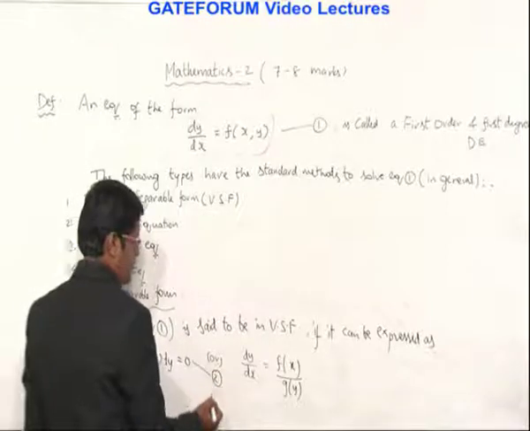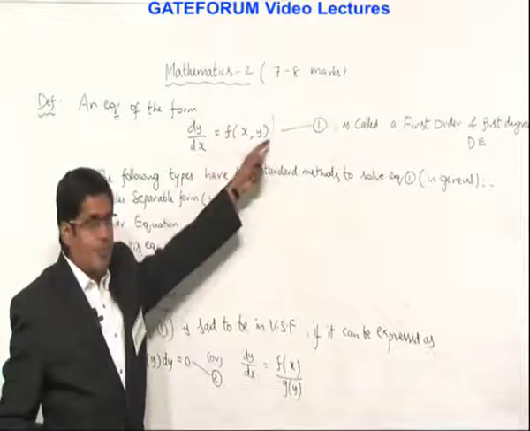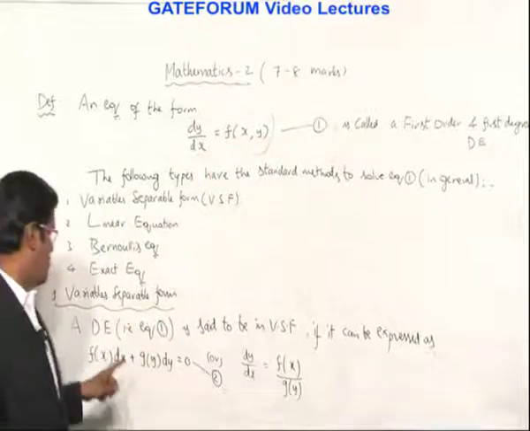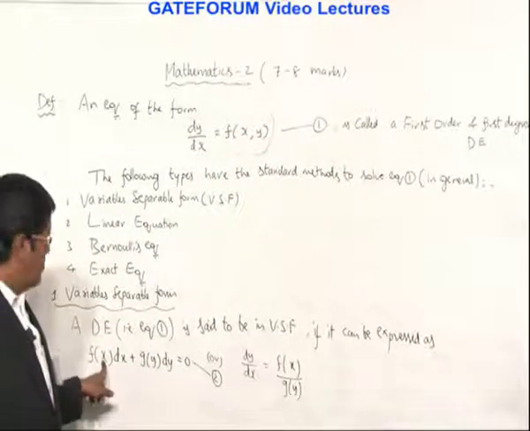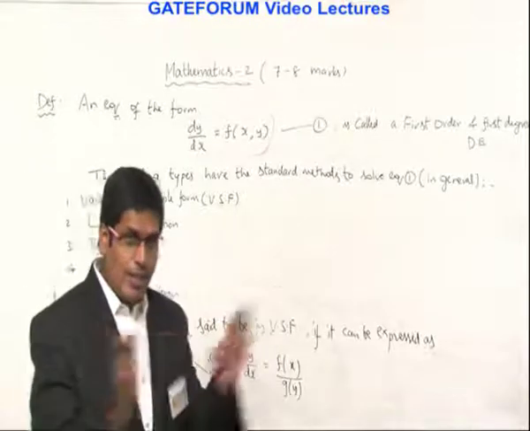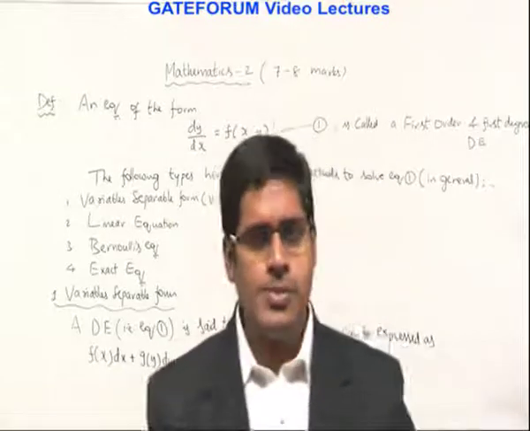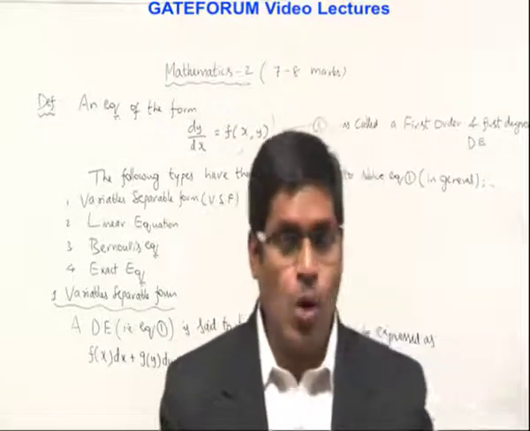Now, this is the standard type. If the given equation can be put in the form of x terms alone multiplied with dx, y terms alone multiplied with dy, that is, the name itself is there, separable, separated. Earlier it is called combined form, joint form.